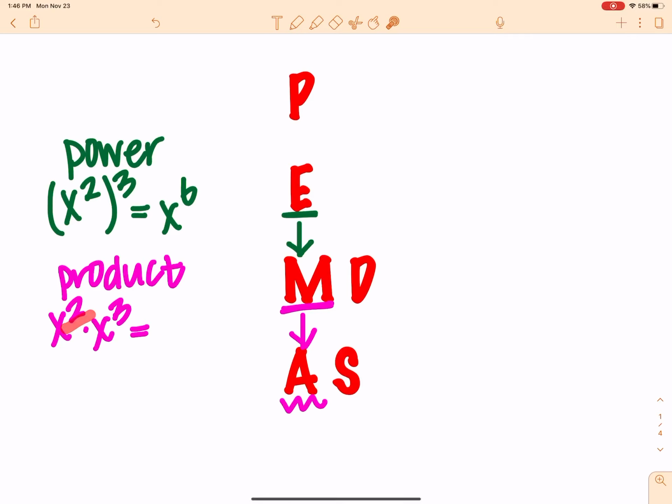So 2 and 3 together makes x to the 5th. These 2 rules are the ones you guys get confused the most. So please, whatever you need to do to memorize the difference between these, do that, because that's where most of your sloppy mistakes happen. So it's an exponent, we are multiplying those 2 numbers. If they're being multiplied together, then we add those 2 numbers.